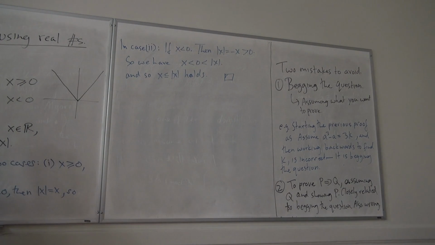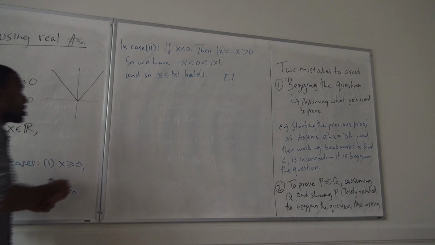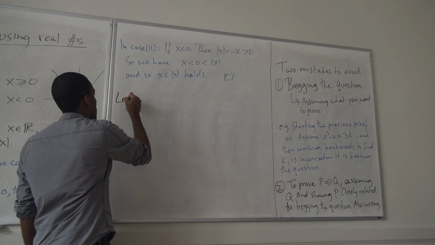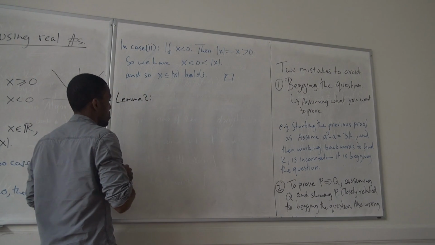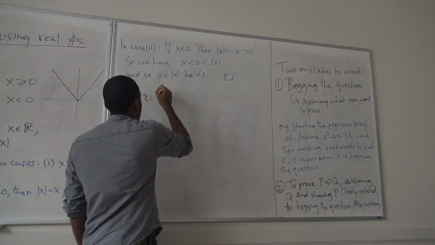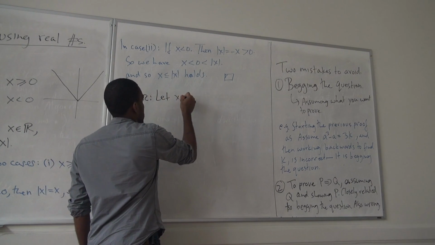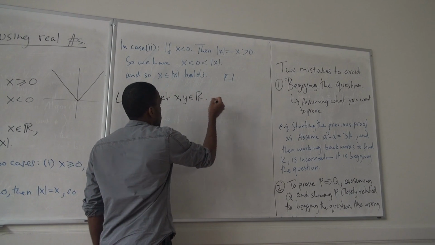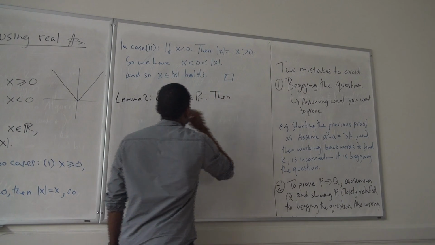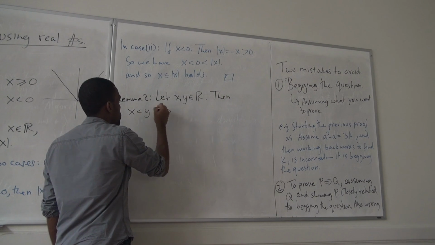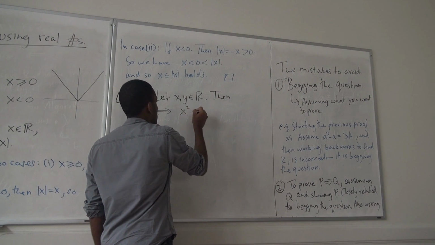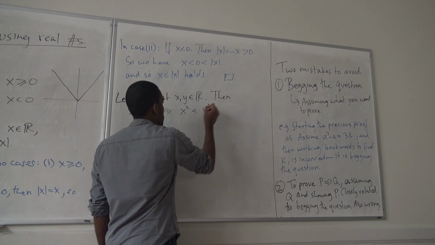So let me call this one lemma 1. Not terribly complicated facts. Lemma 2 is what I wanted to show. Let x and y be real numbers, then x is less than y if and only if x squared is less than y squared.